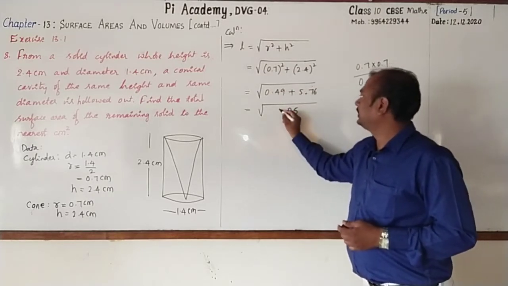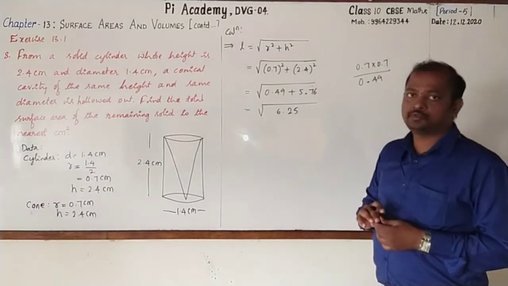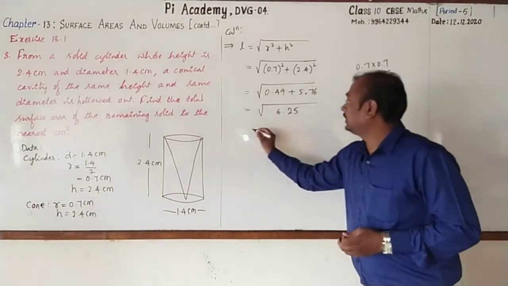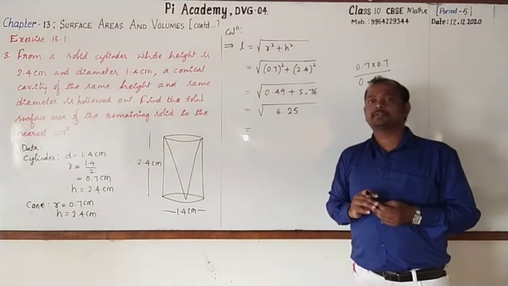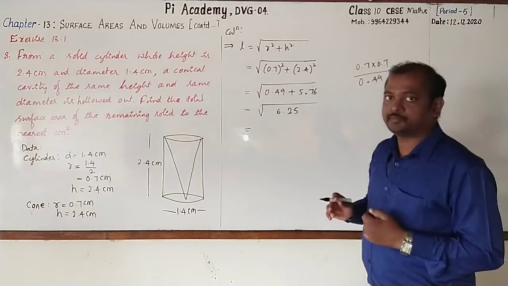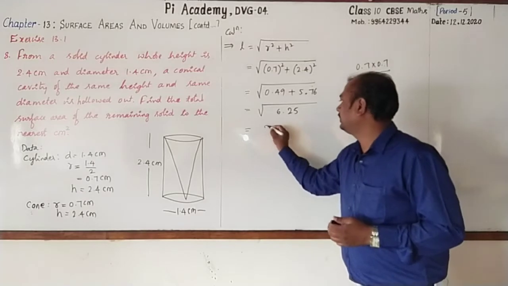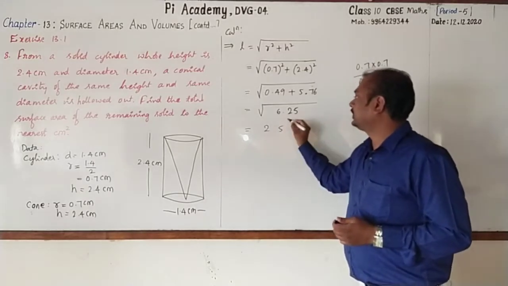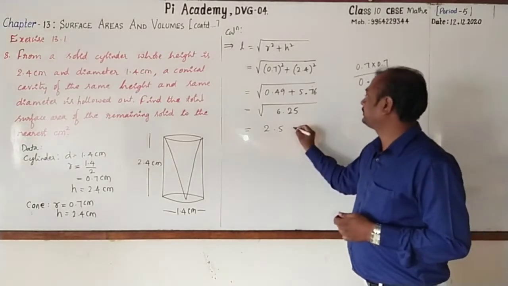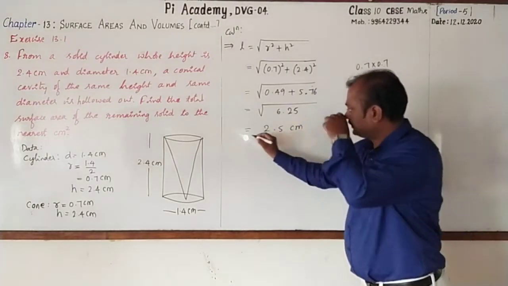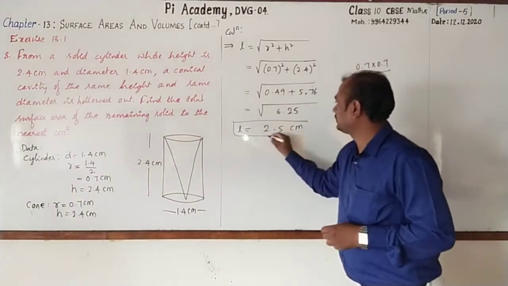Carry 1. It will be 6.25. Then what is the square root of 6.25? We know that the square root of 625 is 25. Here I'll write 25. Here 2 digits, hence 1 digit before. It will be 2.5 centimeter. This is the slant height. Got it?